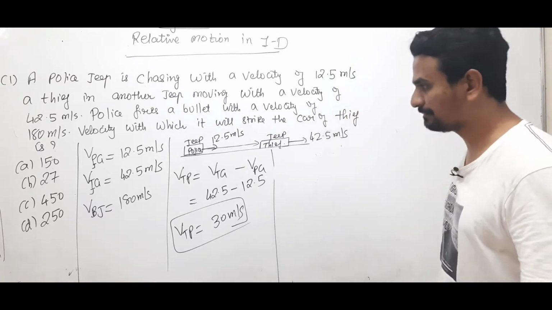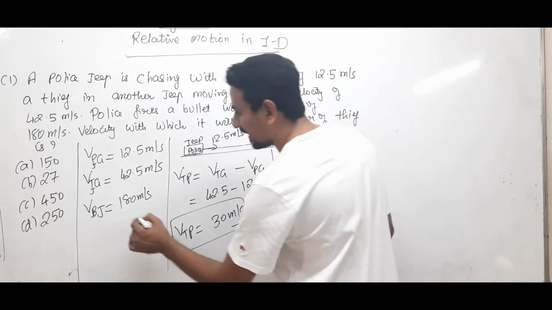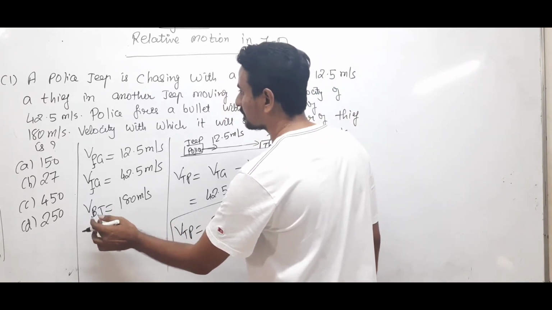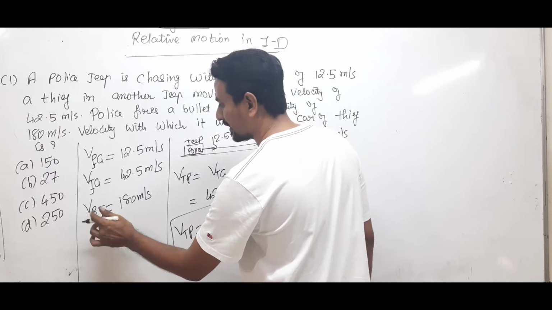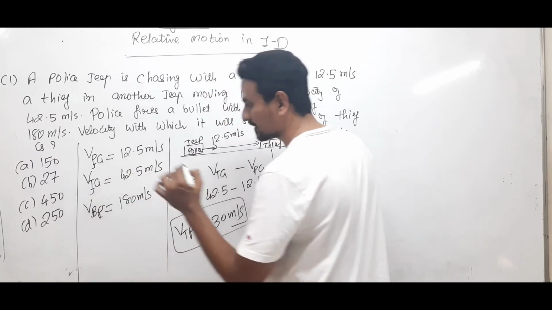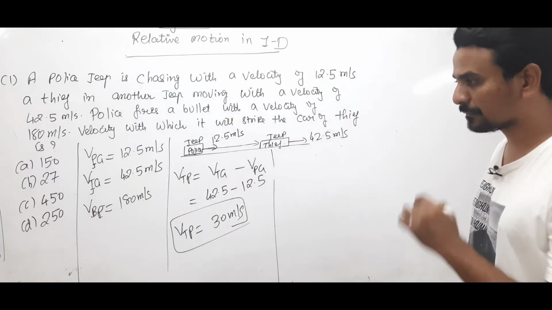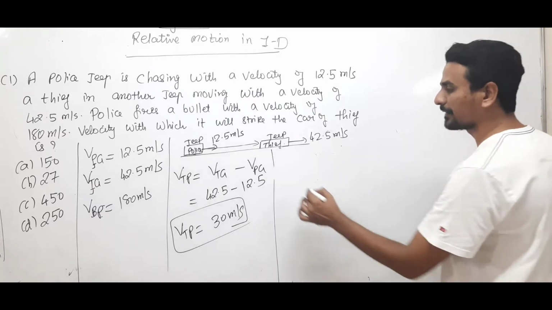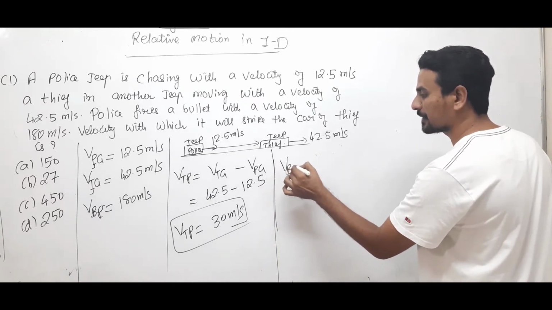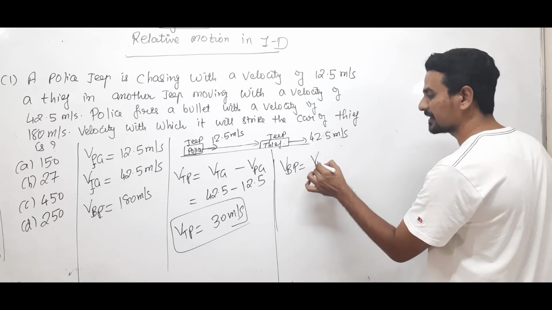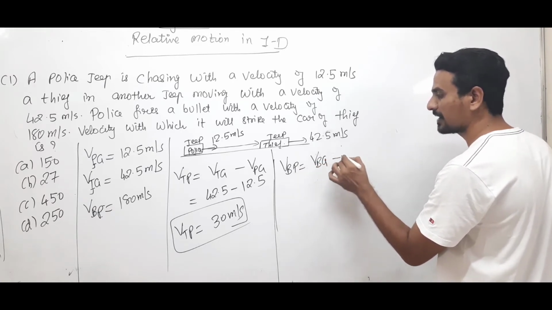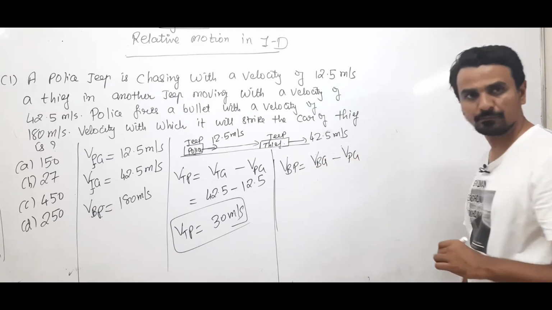Okay, so 180 is the velocity of the bullet with respect to the police jeep. That means with respect to the police, the velocity of the bullet is 180. Okay, so the velocity of the bullet with respect to the police jeep will be equal to the velocity of the bullet with respect to ground minus the velocity of the police with respect to ground.